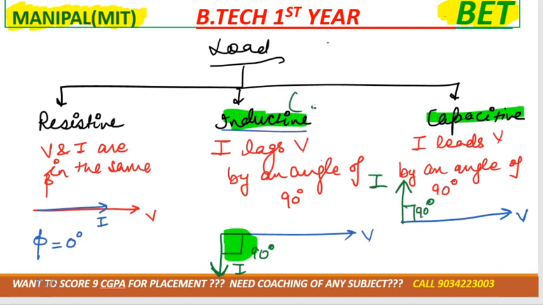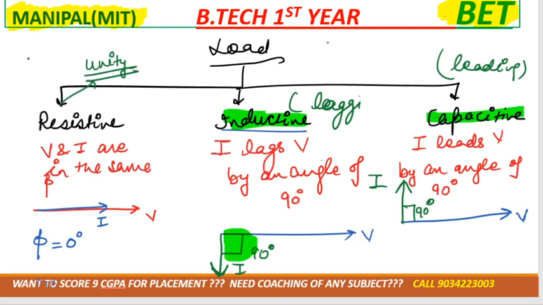In the inductor case, it will always be a lagging power factor, and in the capacitor case, it will always be a leading power factor. In the resistive case, it will always be unity power factor. Why? Because cos 0 is always 1. Clear this thing?